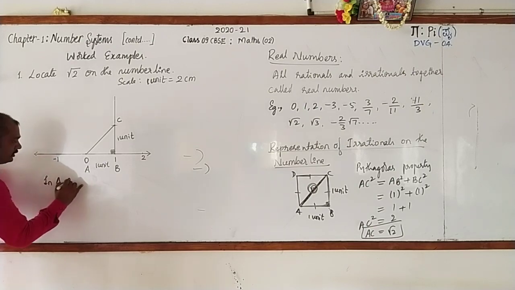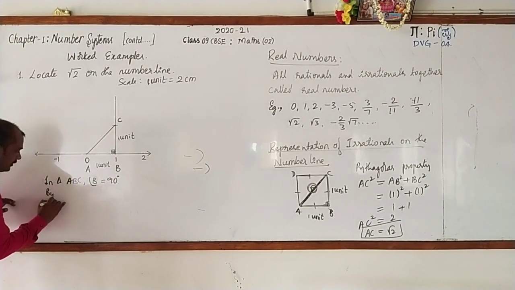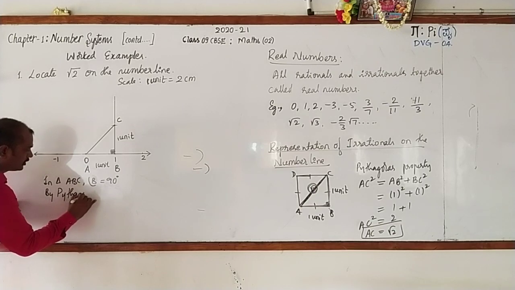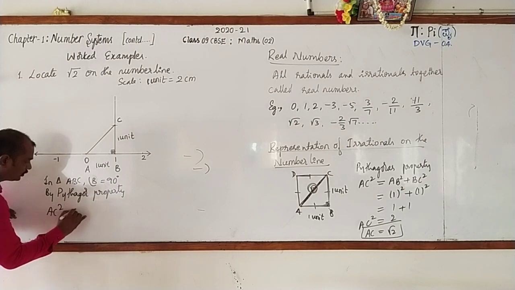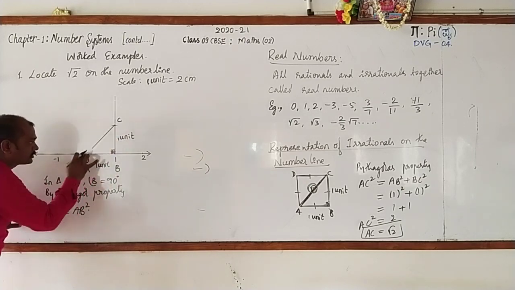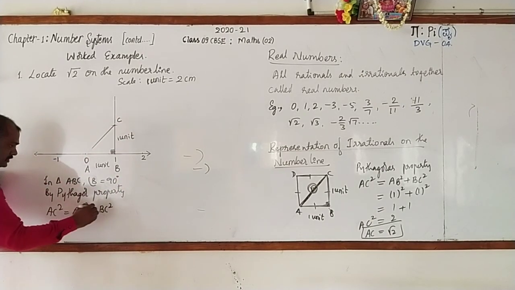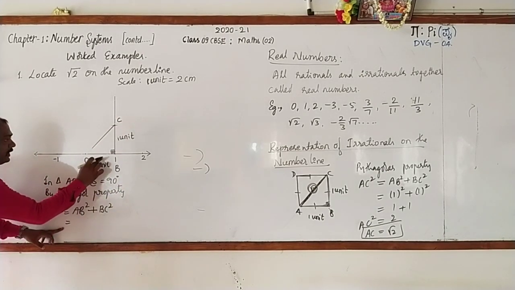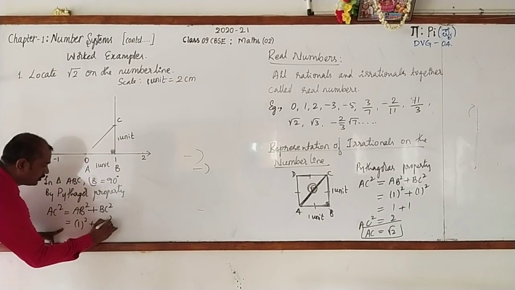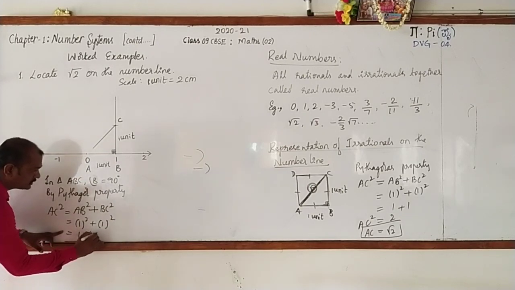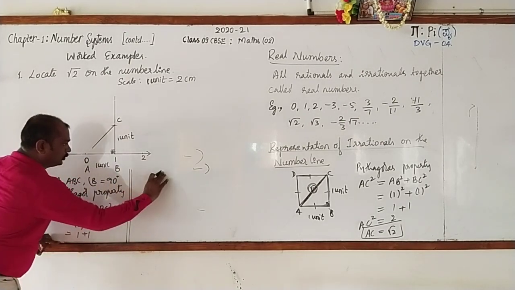In triangle ABC, angle B is 90 degree, by Pythagoras theorem, AC square is equal to AB square plus BC square, where AB is 1 unit, BC is also 1 unit, 1 square plus 1 square, it is 2.